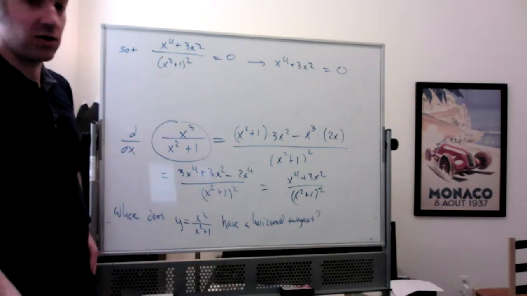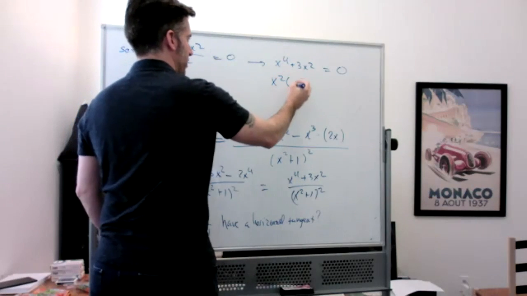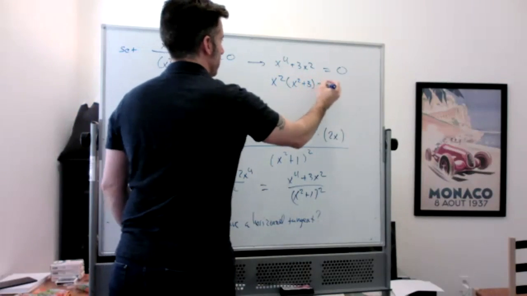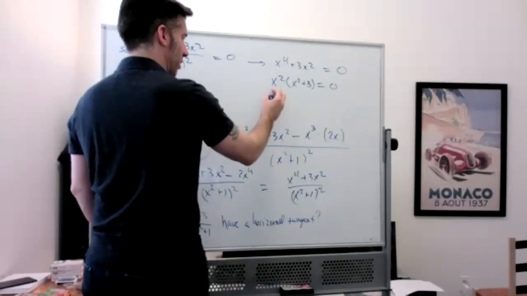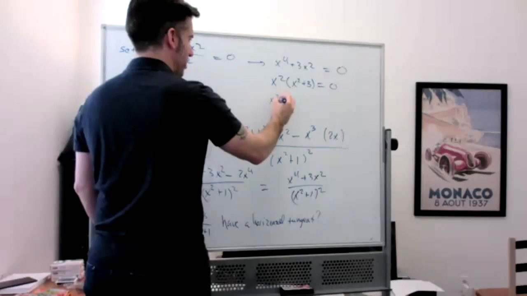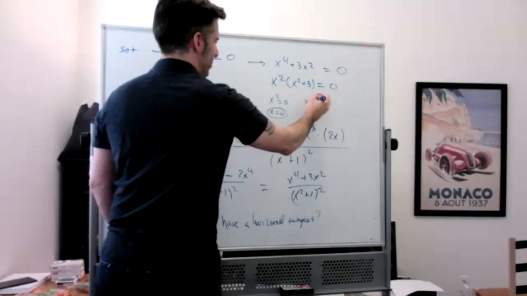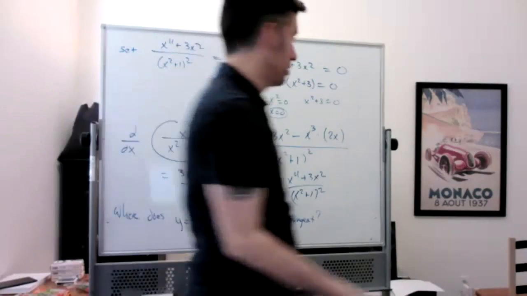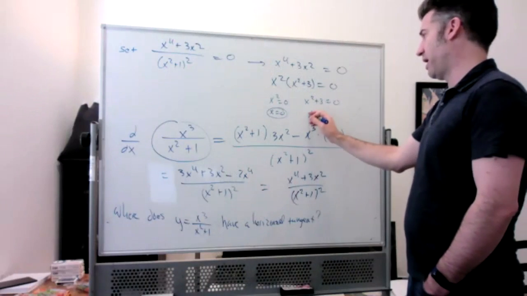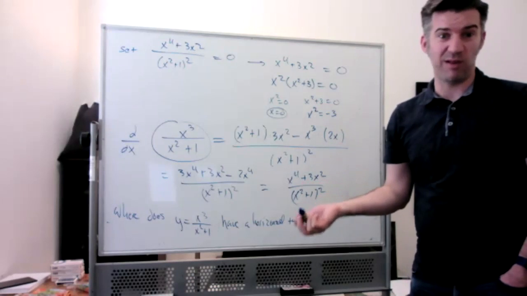And then I would factor. I can factor out x squared, so you get x squared times x squared plus 3 equals 0. So I either get x squared equal to 0, which gives x equal to 0, or I set x squared plus 3 equal to 0, which doesn't have any real solutions, because I get x squared equal to negative 3, but a real number squared can't be negative.